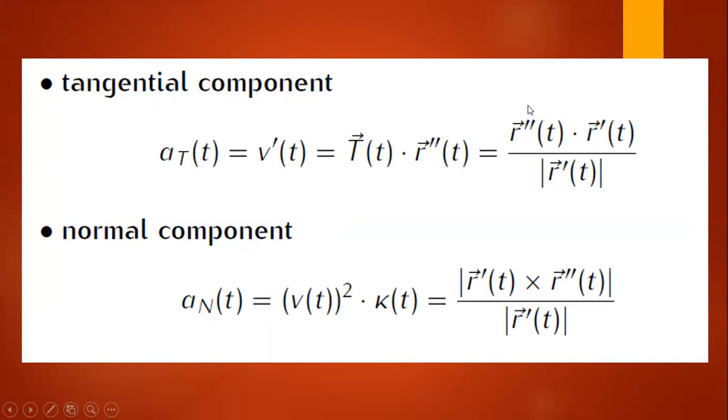The normal component is a_N equals v squared times kappa, which is the magnitude of r prime cross r double prime over the magnitude of r prime, cubed.